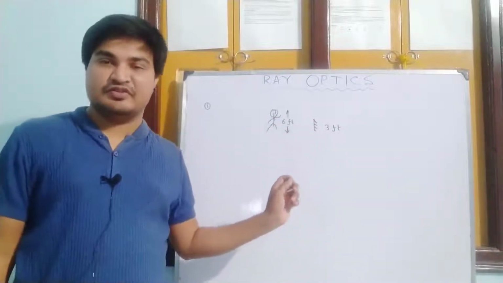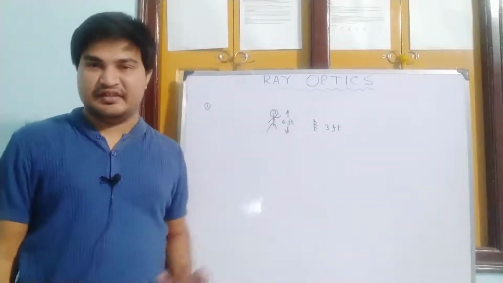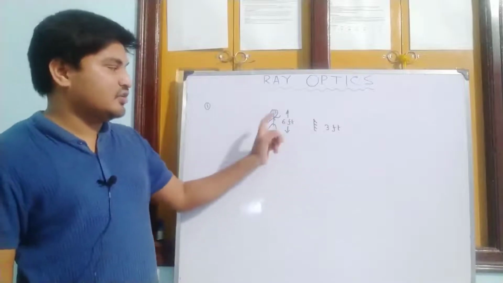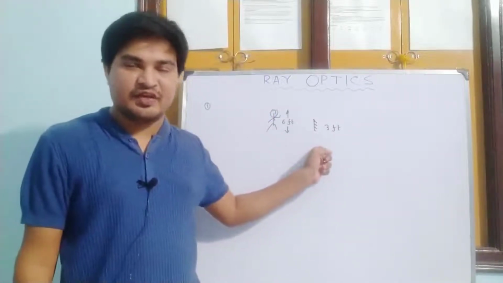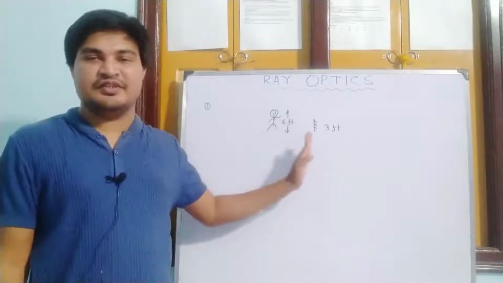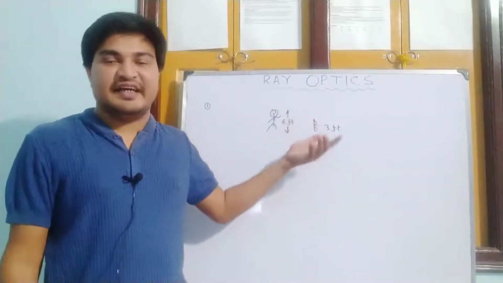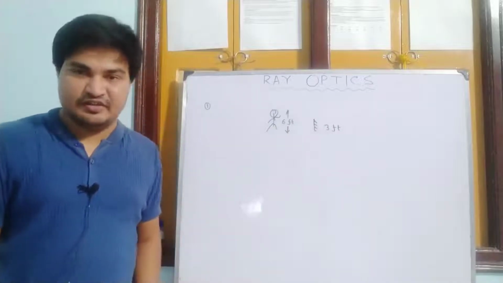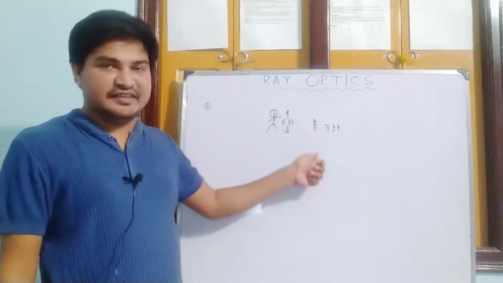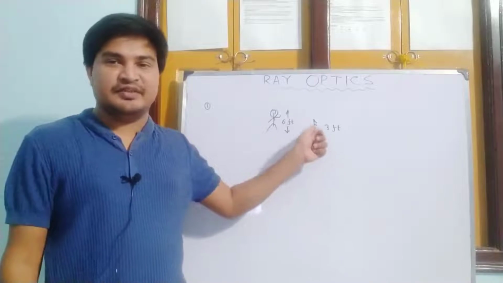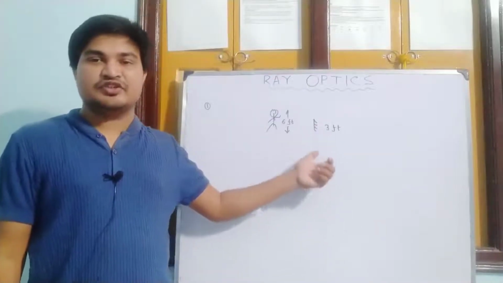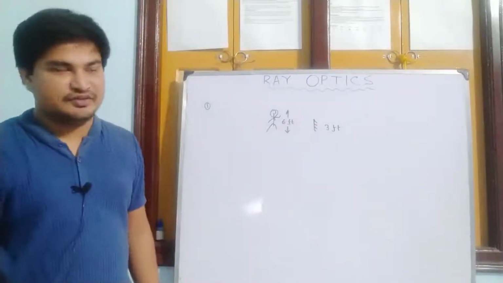It doesn't depend on the height of the eye from the ground or the distance of the person from the mirror. Whatever his distance from the mirror is, or at what height his eye is, is not important at all. In each and every case, the minimum height of the mirror is equal to half of the height of the person.